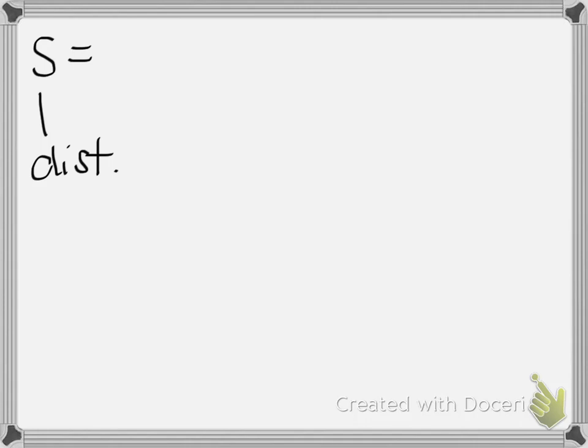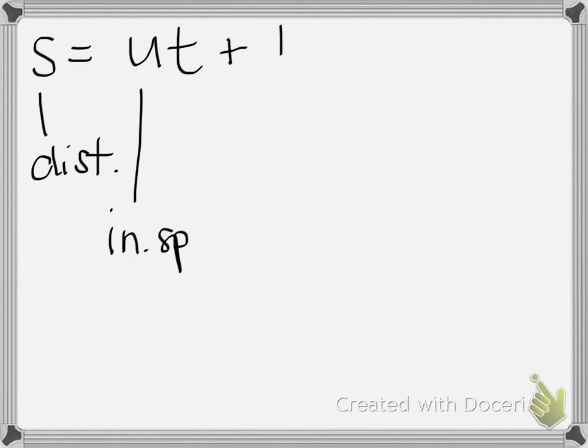It's a capital S, not a little s like we're normally using. S equals UT, so U is still initial speed and t is still time, plus half at squared, where a is acceleration and t is still time, obviously.